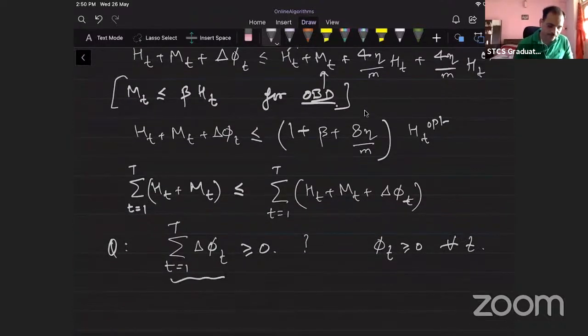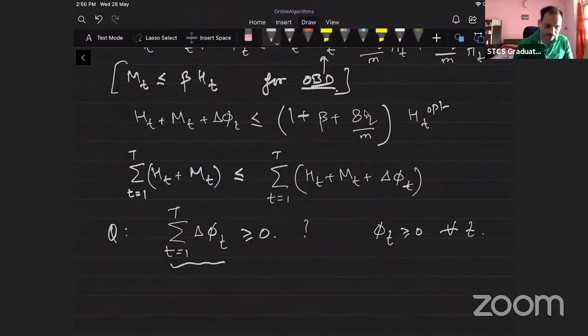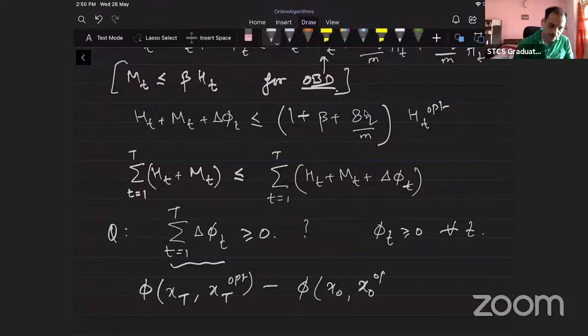But if you expand this, what will you get? You will get the first term and the last term. So the last term will be phi of x capital T opt minus phi of x0 opt. That is exactly equal to this.